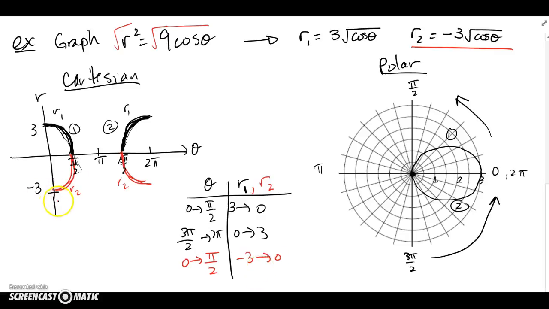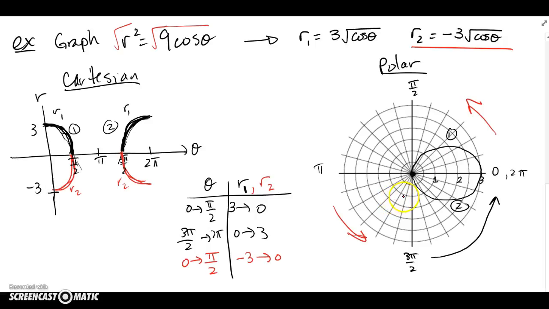So focusing on the red piece, from angle 0 to pi over 2, all the action is happening across from it over here because my r values are negative. So I'm really sweeping here, 0 to pi over 2, but the r's are being developed back here, vertically across from it.